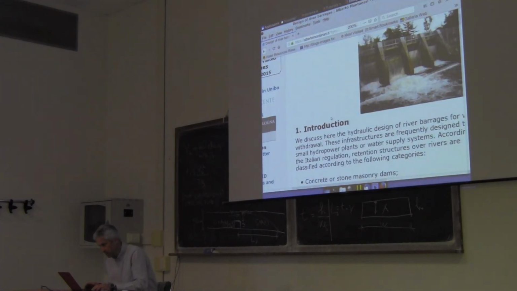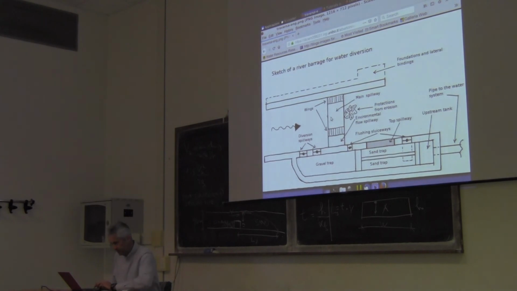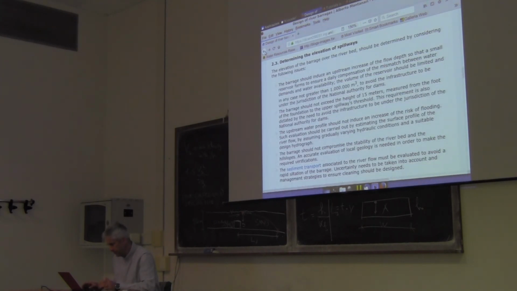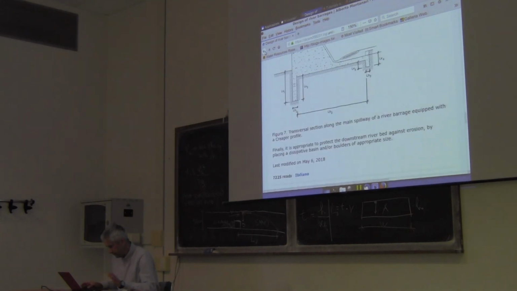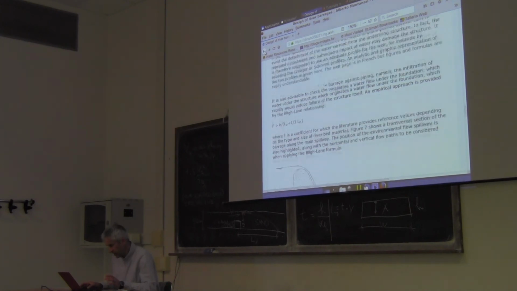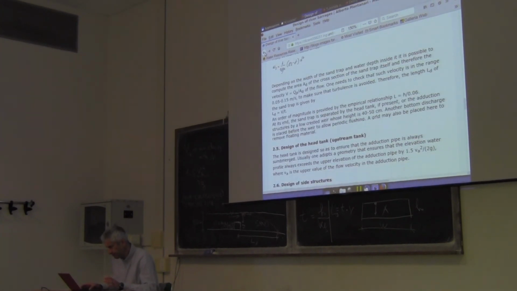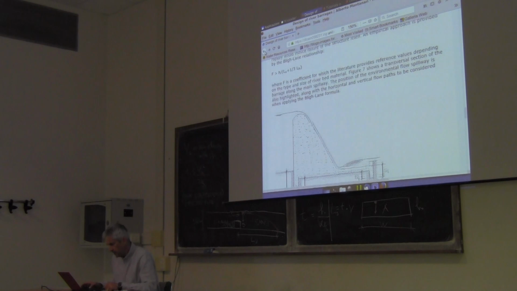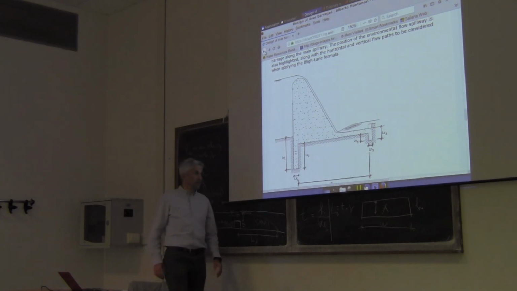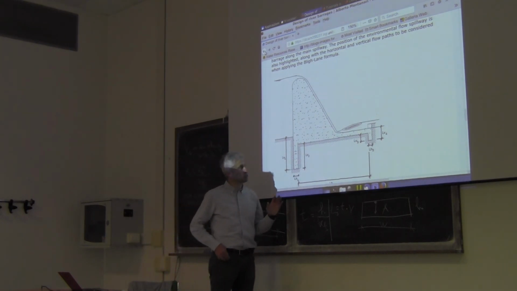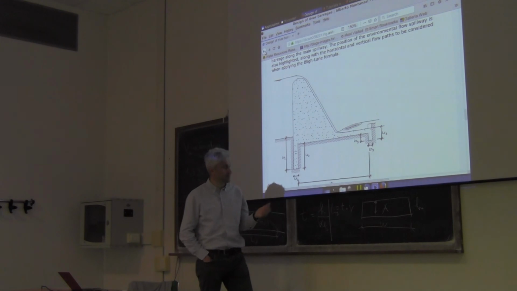Good. Now let me go back to here, because there are a couple of things more that I have to say. Design of site structures. First, main spillway. I talked about erosion downstream, and erosion can be avoided in several different ways.